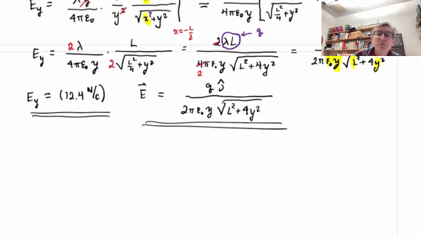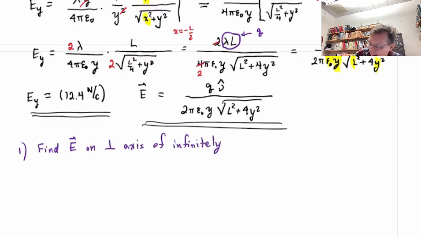One, I can use this result to find the electric field on the perpendicular axis of what a physicist would call an infinitely long uniformly charged rod. I know that takes a little getting used to conceptually, infinitely long, but it's certainly something that the brain can imagine.